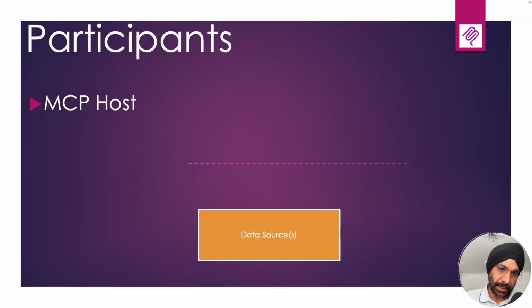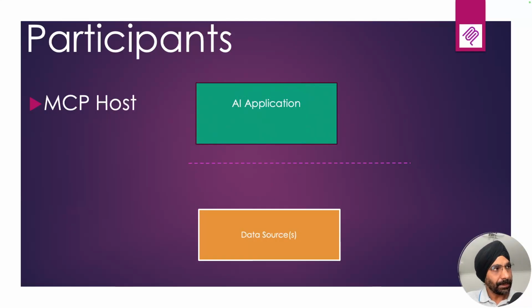The first term you will be hearing again and again is called MCP host. What is an MCP host? MCP host in the MCP protocol is the AI application. What we saw earlier, like Claude, ChatGPT, Copilot, or Gemini, or your own client, for example, which is talking to various LLMs, etc. So just remember this: MCP host is equal to your AI application, right?